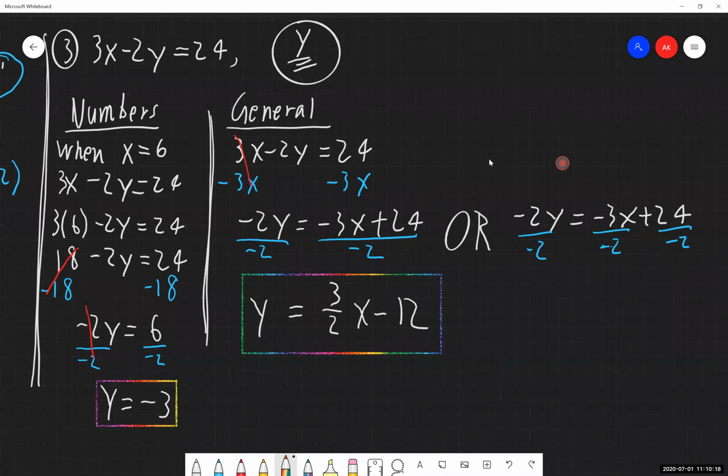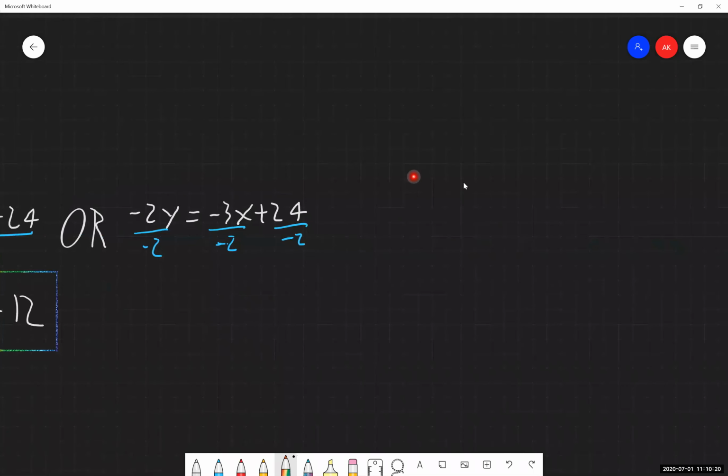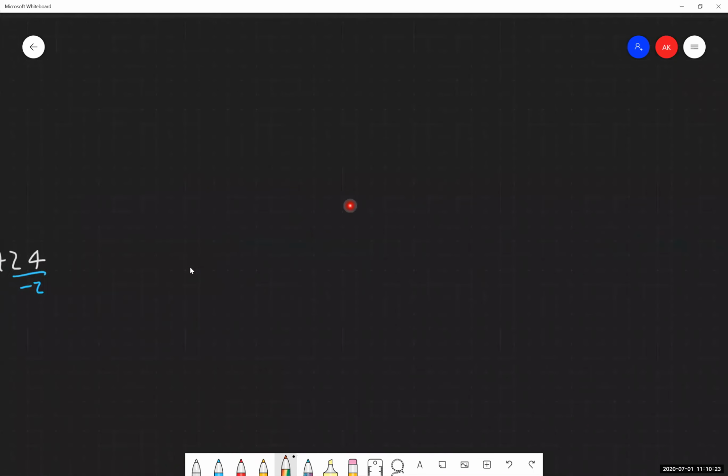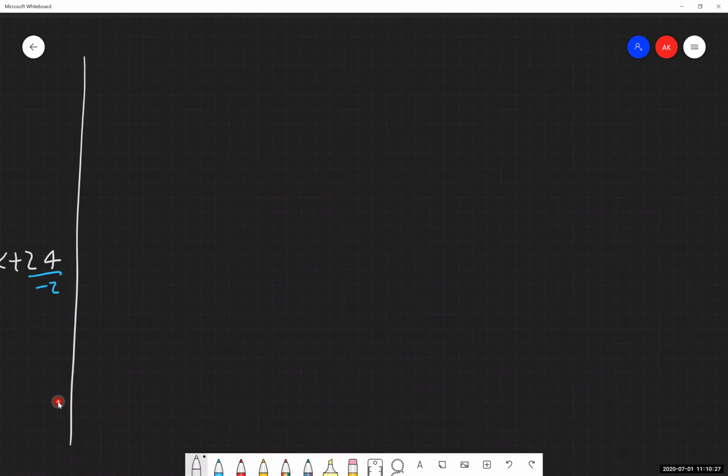So we're going to go to our fourth example we have here. And again, I'll zoom us in. I just want to make sure I have enough room to work with this thing.